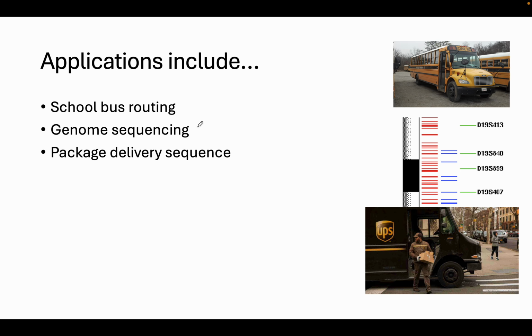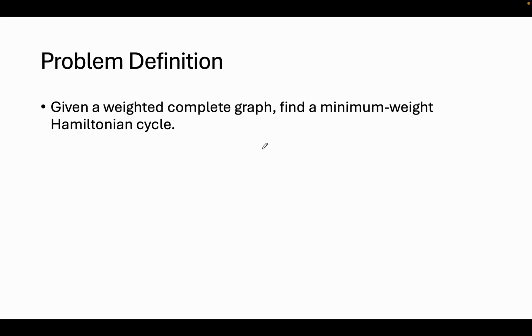It also applies to genome sequencing or package delivery sequencing, where this is a problem in the real world for delivery drivers, who need to plan their route so that they can do this in the least amount of time and get back to home base. So it's a real world problem.